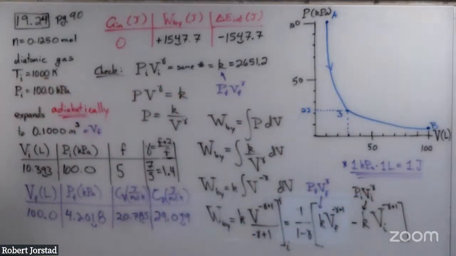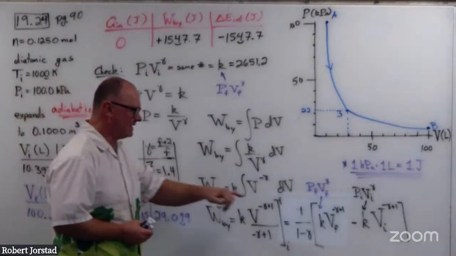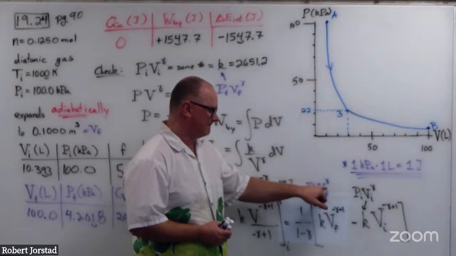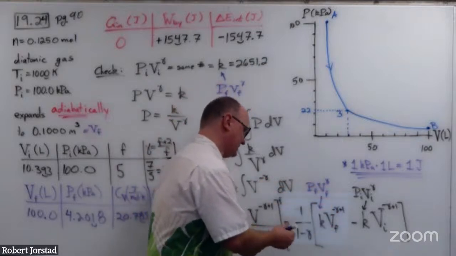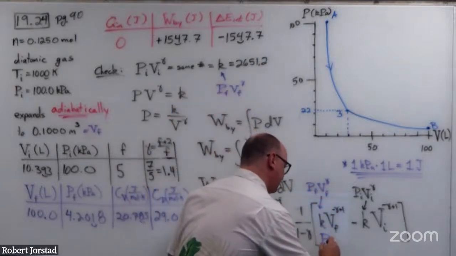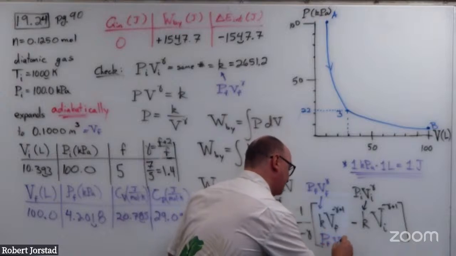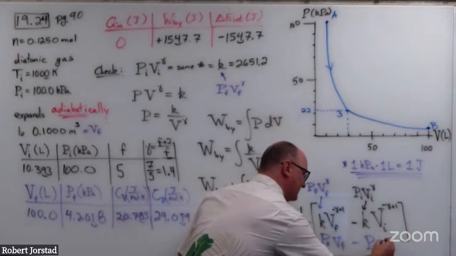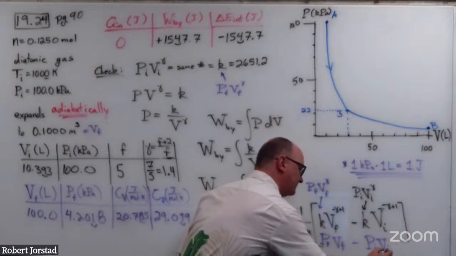And when you do that, what do we get here? This is just P final, V final. And this term is just P initial, V initial. So there, we did it.